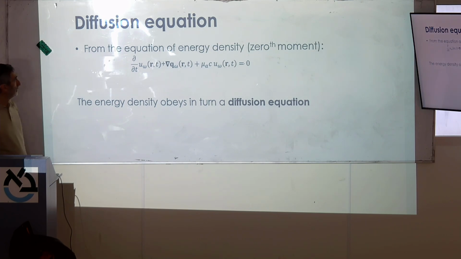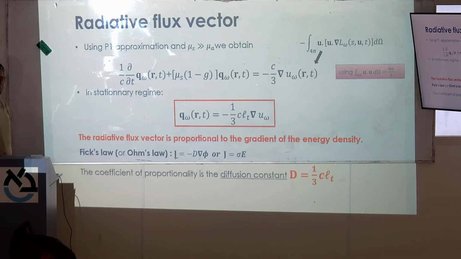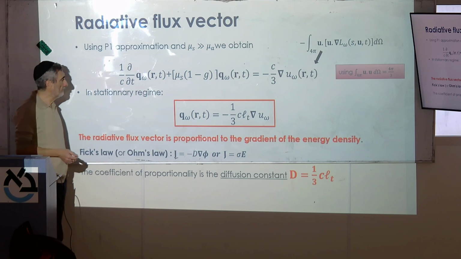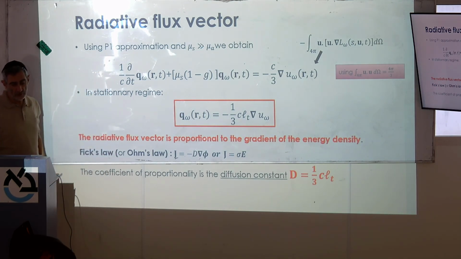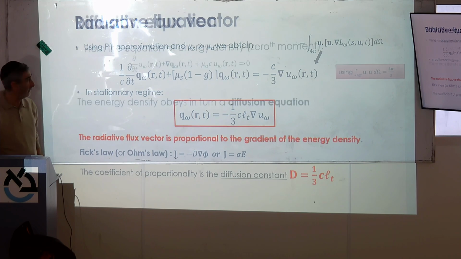From the equation, now we have two equations. We have the first one that we got from the zeroth moment, you remember, which is the conservation of energy, and we have this new relation, which is the relation of Q, the flux, relative to the energy, that are proportional. So we can mix the two equations.